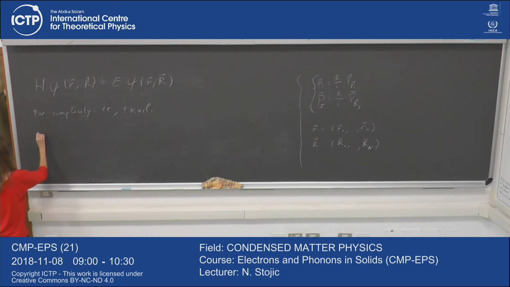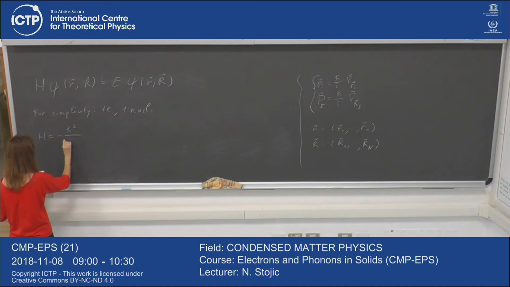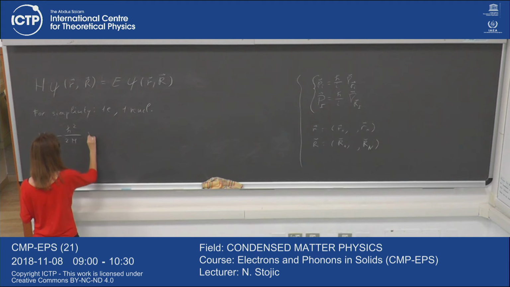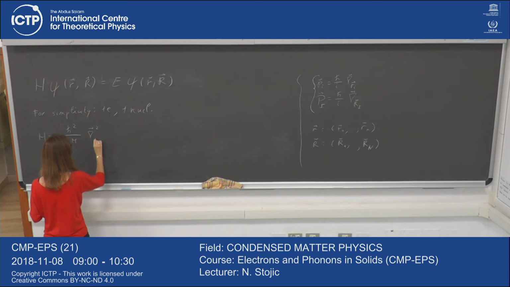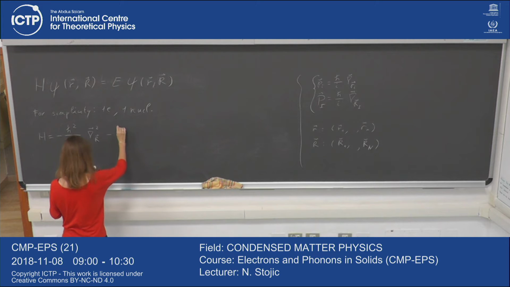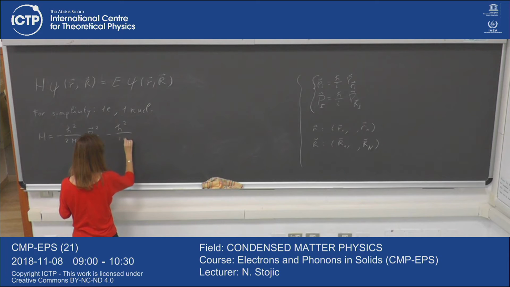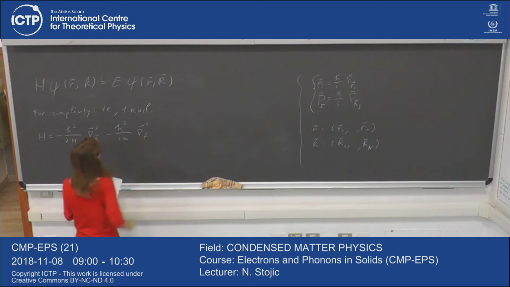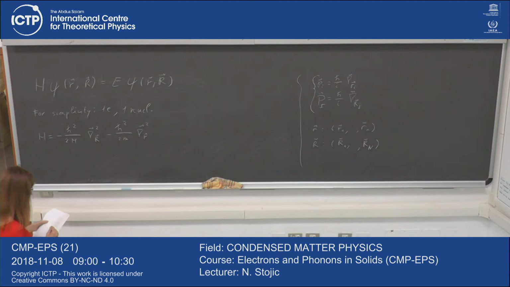So in this case, the Hamiltonian is just minus h bar square over 2M, where M is the mass of the nucleus, gradient square with respect to the position of the nucleus, plus the kinetic part for the electron, which is minus h bar square over 2m, where this m is the mass of the electron.